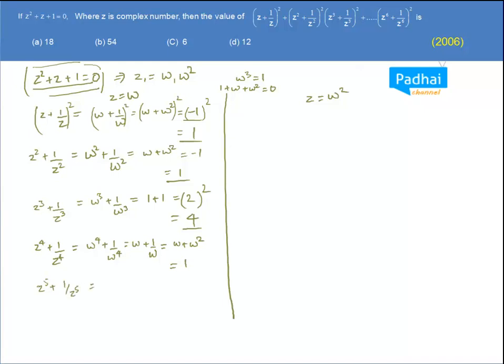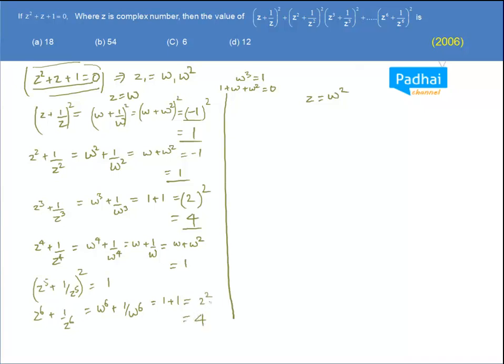It will again come out to be minus 1, and squaring that, I'll get 1. Coming to z⁶ + 1/z⁶, this will be omega⁶ + 1/omega⁶, which is nothing but 1 + 1, because these are powers of 3, and any power of 3 will give you 1. Squaring this, you will get 2 square, which is 4.